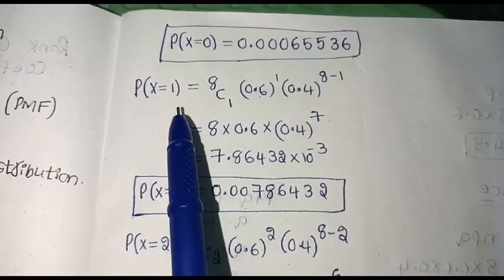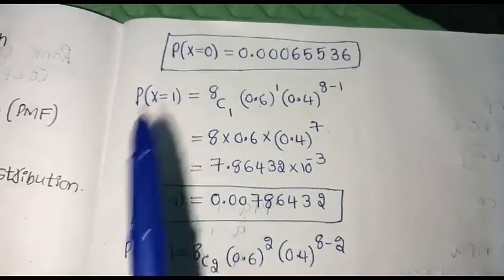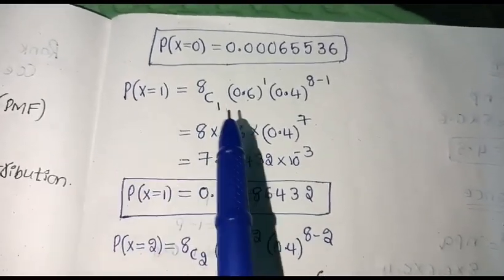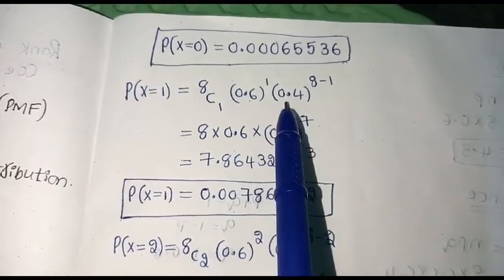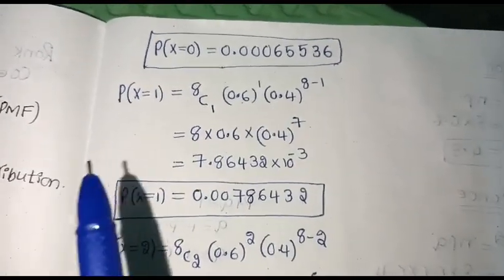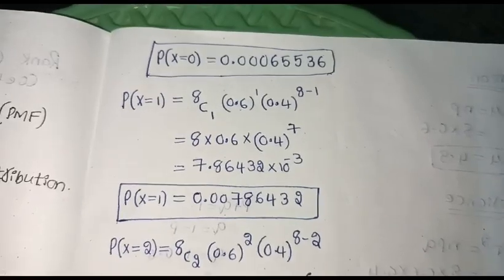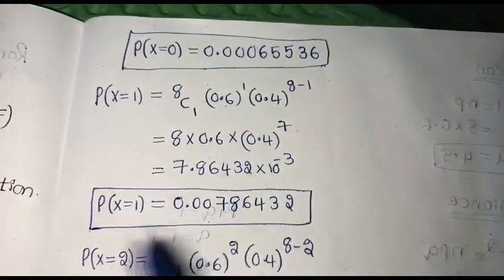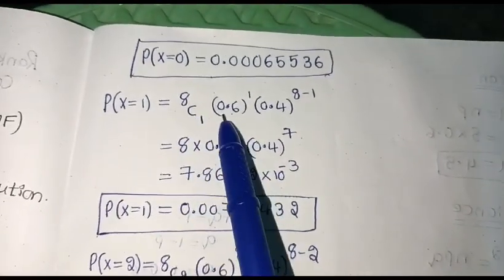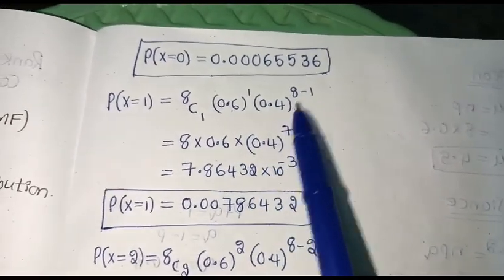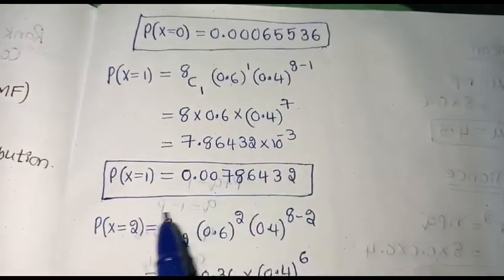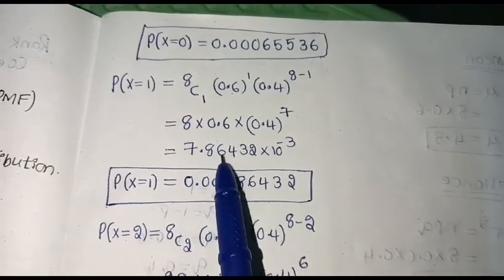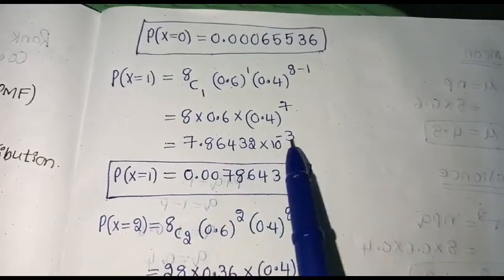It means we need to substitute r is equal to 1, n is equal to 8, p is equal to 0.6 and q is equal to 0.4 in the binomial distribution formula, which is nCr p^r q^(n-r). Here we substitute 8C1, 0.6 power 1, 0.4 power 8 minus 1. By using the Casio, we get 7.86432 into 10 power minus 3.